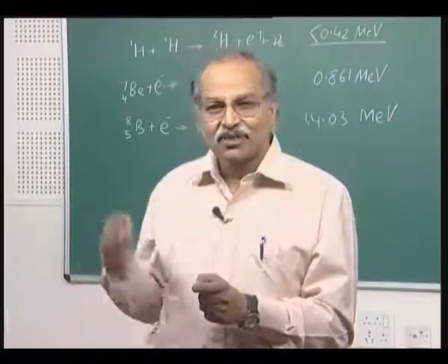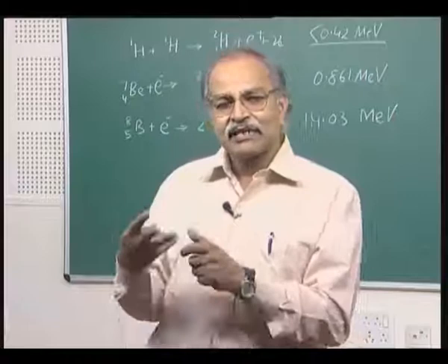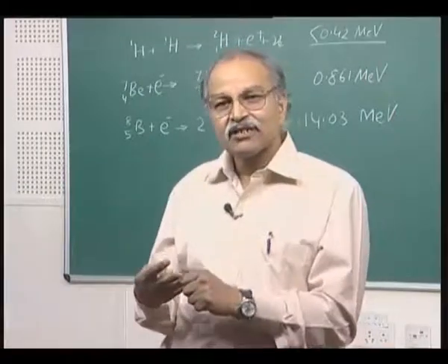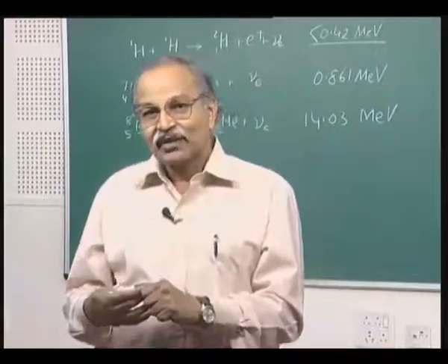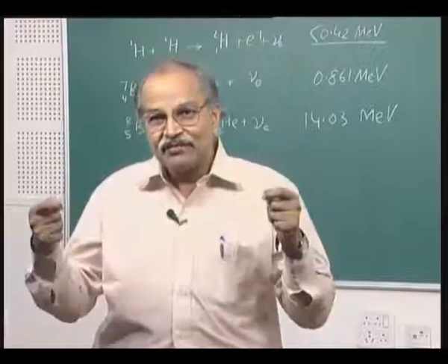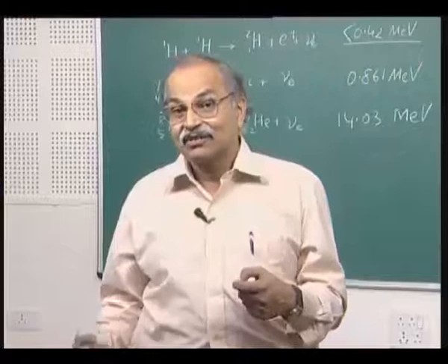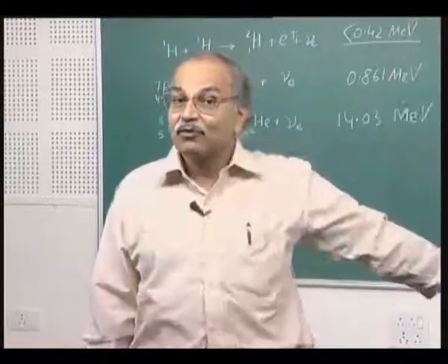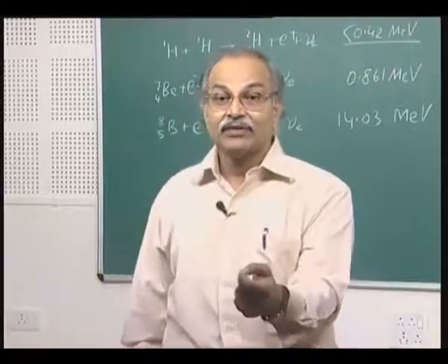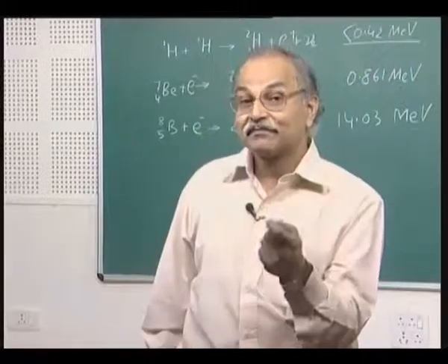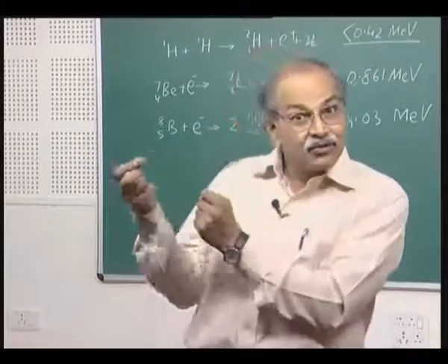I have not talked much about that, but 3 kinds of leptons are there: electron, muon and tau, and associated with each we have corresponding types of neutrinos and antineutrinos. What we have been talking about so far, what is being produced in the sun, is only the electron neutrino, but there are other neutrinos too.